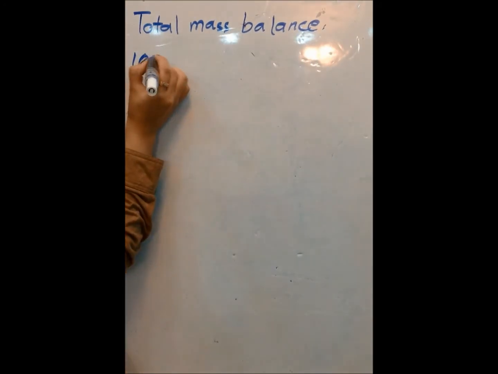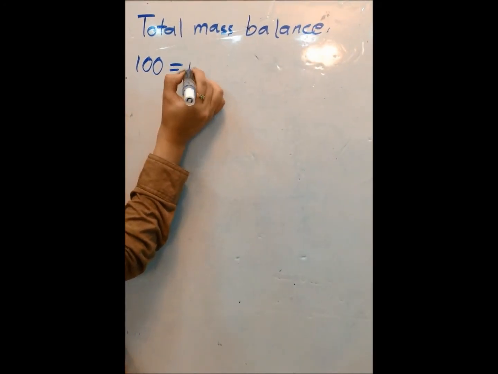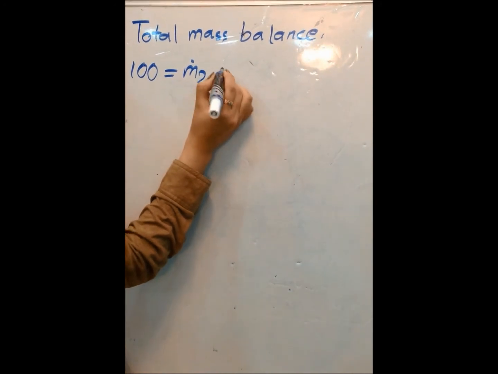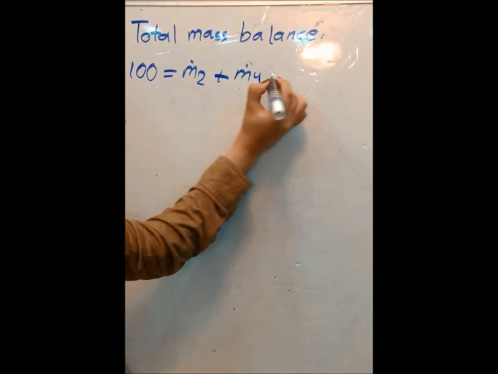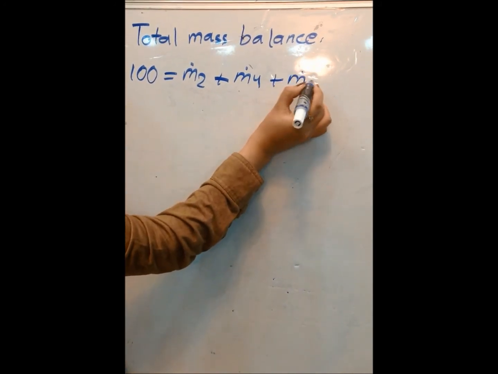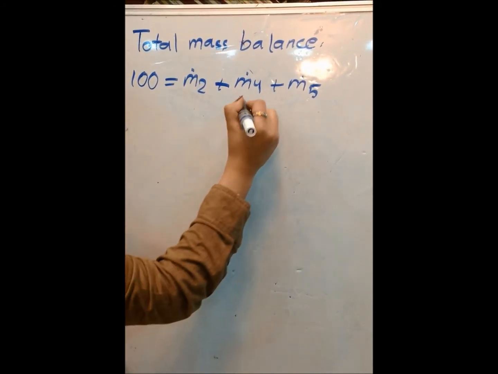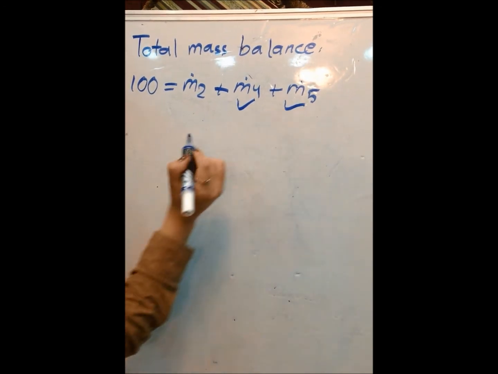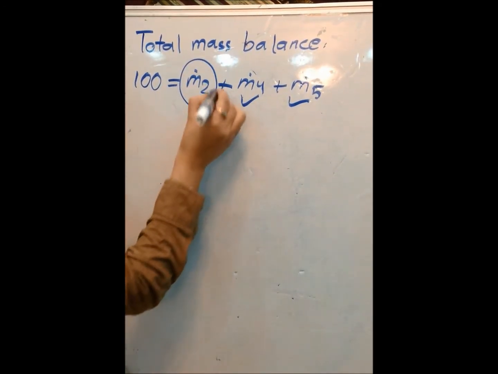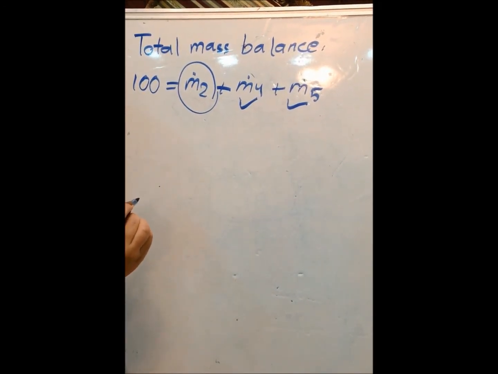After our calculation, we can now consider the total mass balance: 100 equals the mass flow rate of stream 2 plus the mass flow rate of stream 4 plus the mass flow rate of stream 5. Of course, that's for the overall process. We found stream 4 and stream 5, so here we can find the mass flow rate of stream 2.